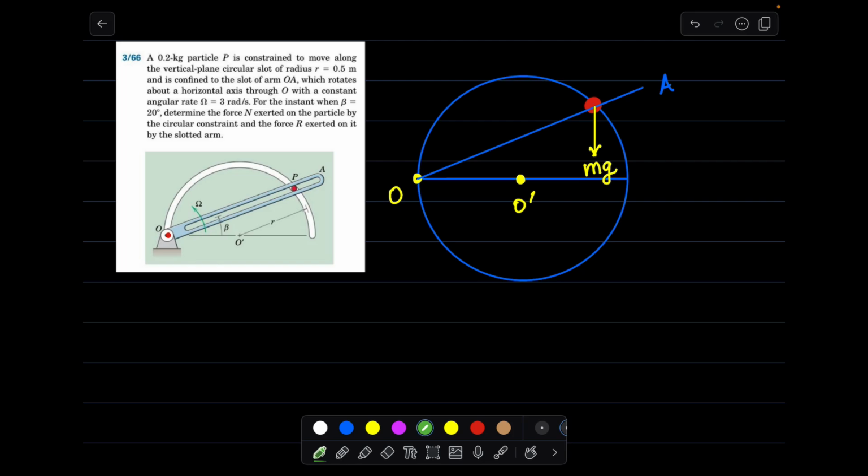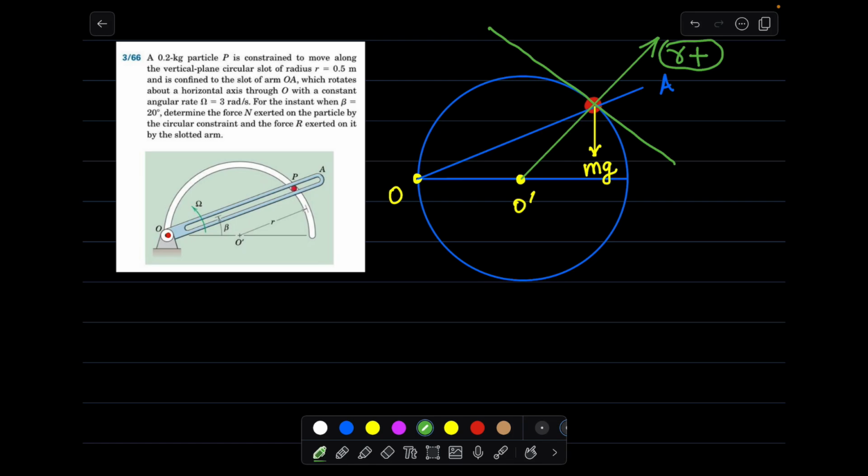So let's make the r axis. I have to connect O with the particle P, and here I made the r axis. This is r, and r is always positive when it goes away from the center. Similarly, you will make the theta axis, which, as you know very well, is perpendicular to the r axis.